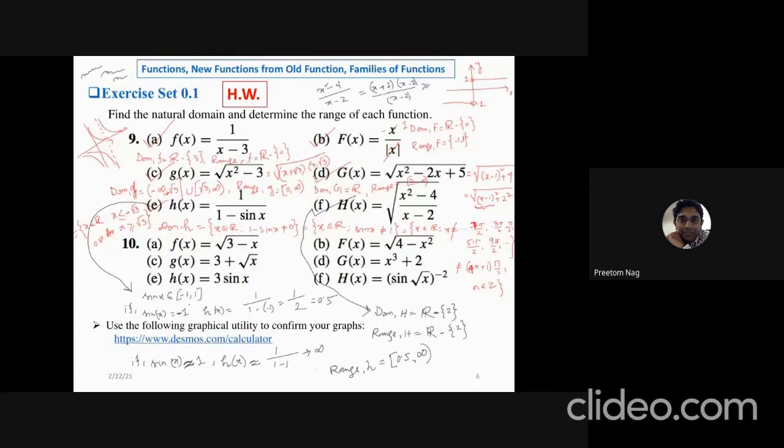Which should be greater than or equal to 0. So in this case, x plus 2 greater than or equal to 0. So the domain should be here, basically not this one. Domain should be starting from 2 to infinity.